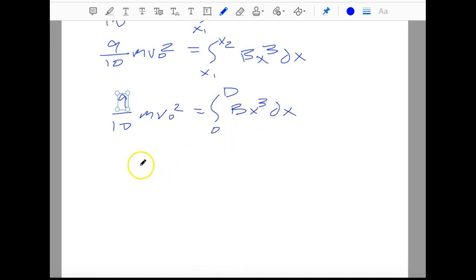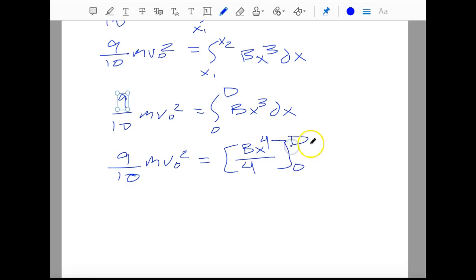Now we can actually do the integration. So 9/10 of m v0 squared is equal to our quantity b times x. We're going to use the power rule, so 3 plus 1 is 4, and we divide by the same number 4, and we do that from 0 to d.